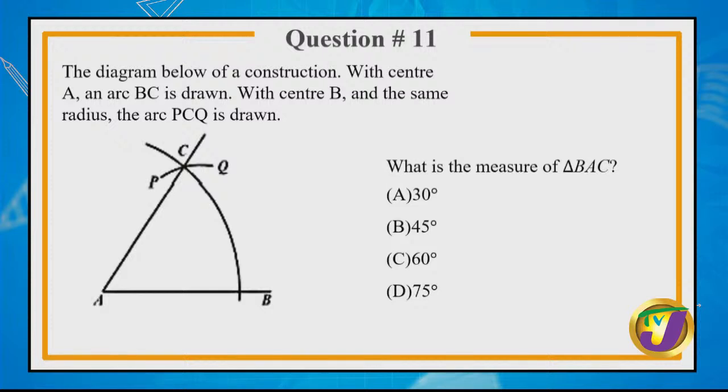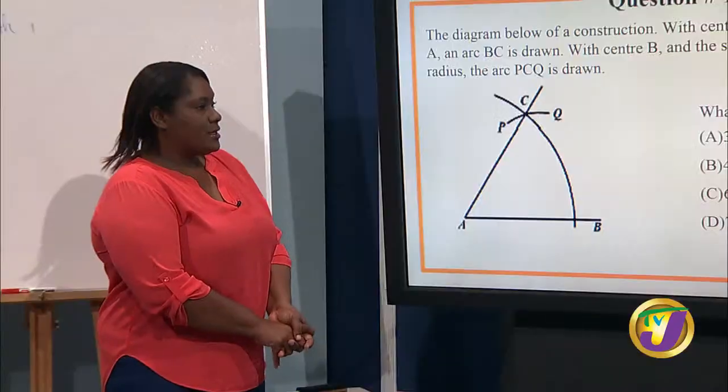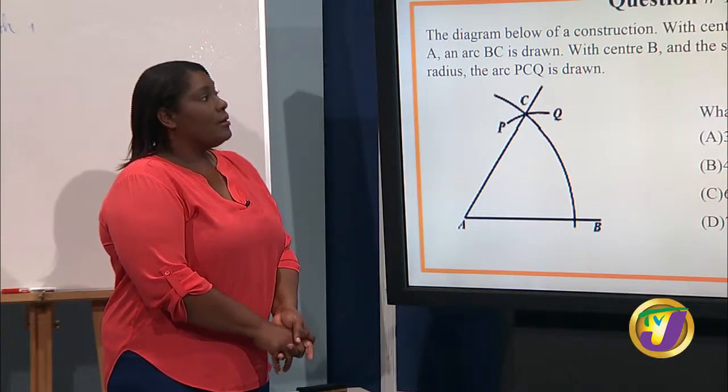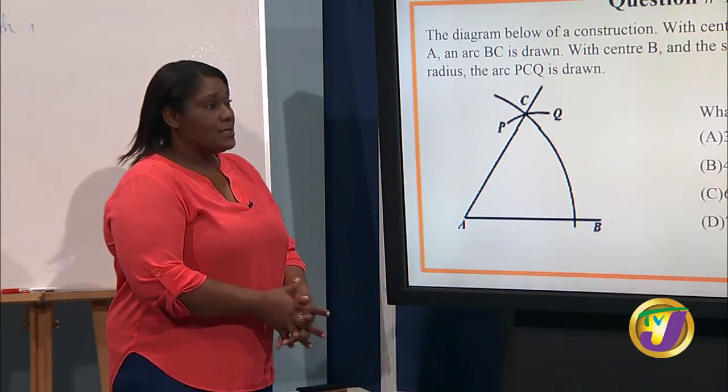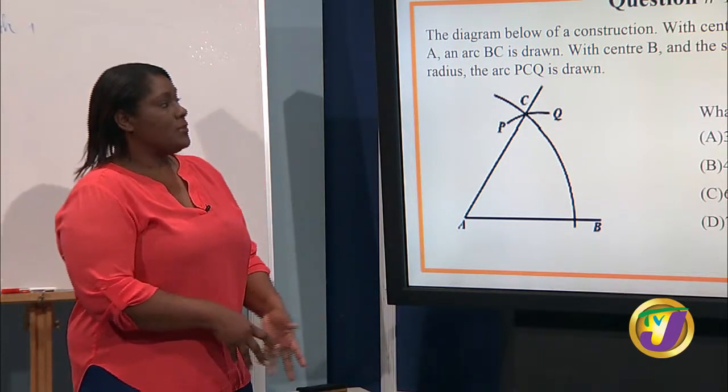All right, so some persons might think that it is rather impossible to be testing construction on a multiple choice paper. True. But this question will prove that it is not impossible at all.